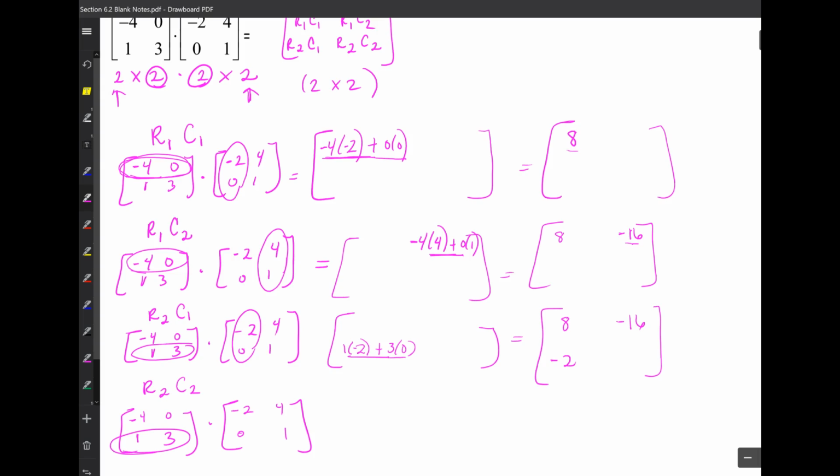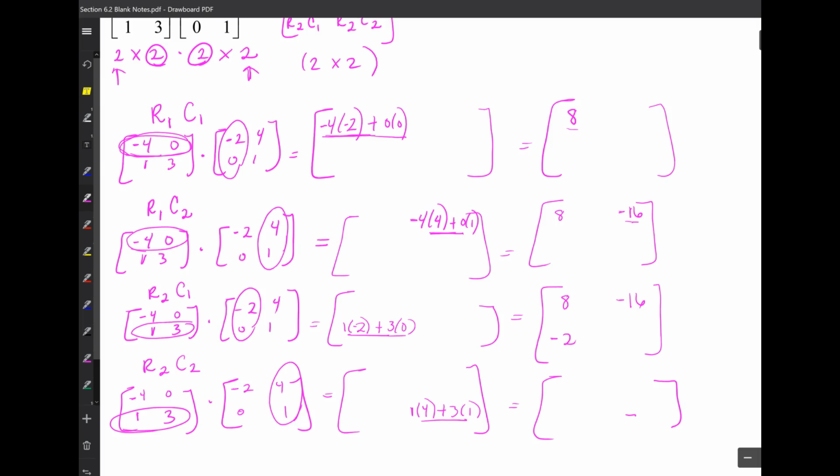So I multiply this by this, and I get 1 times 4 plus 3 times 1. What does that answer come out to be? 7. So my resulting matrix is 8, -16, -2, and 7.